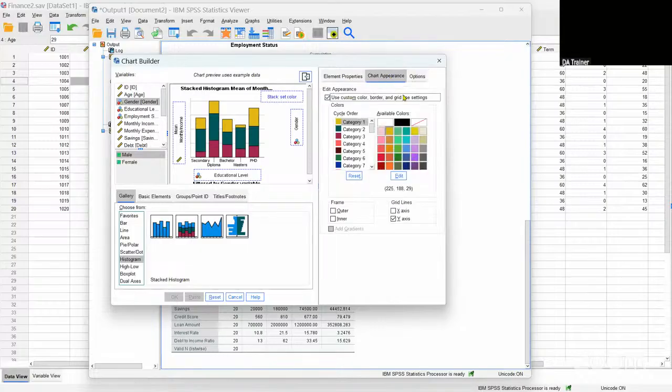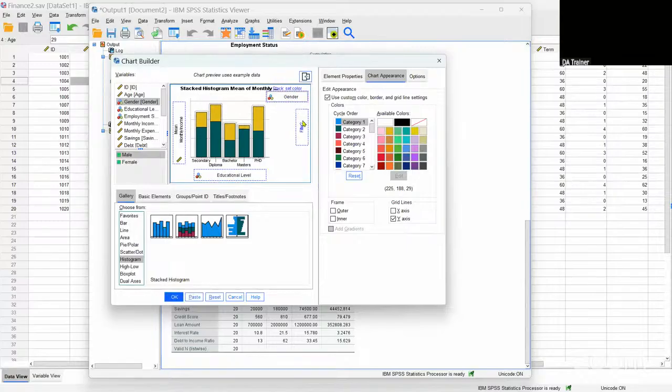All right. Now, as you can see, we have gotten some information about the income, the educational level, and then the gender. Let's leave it like that. There are some other things if you feel like activating, we have grid lines, and then let me set this color. Beautiful.